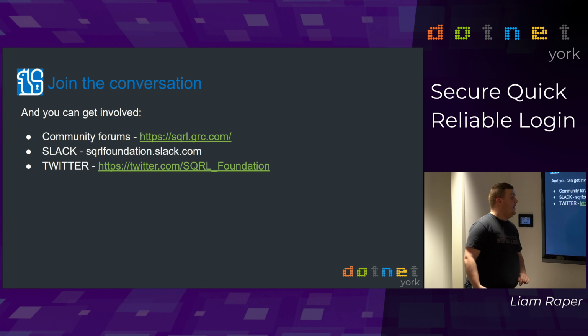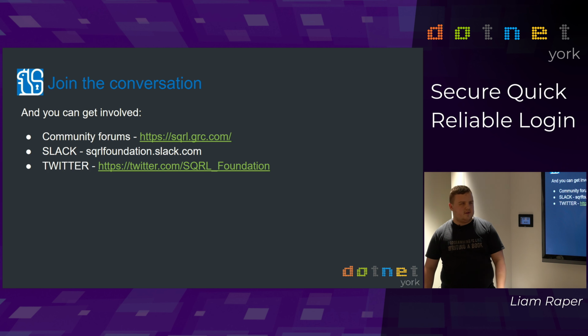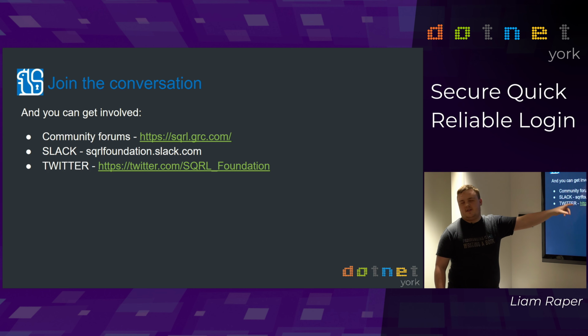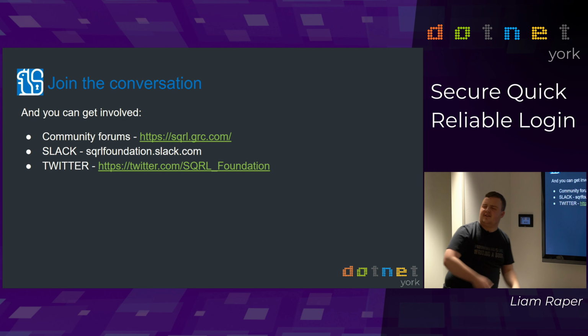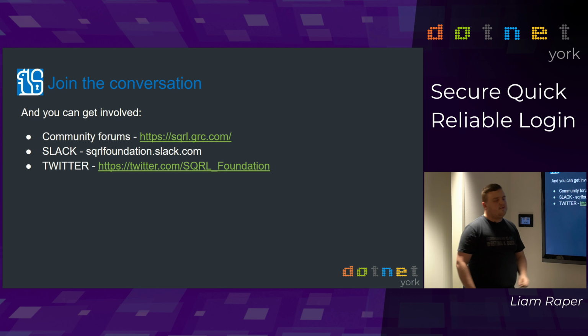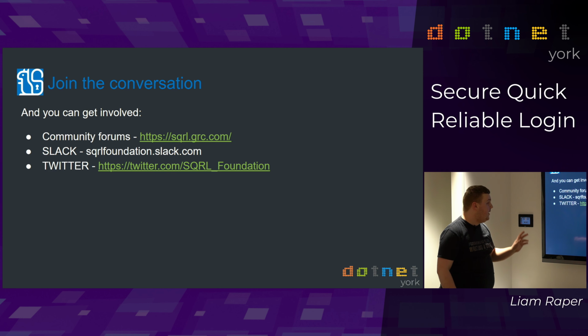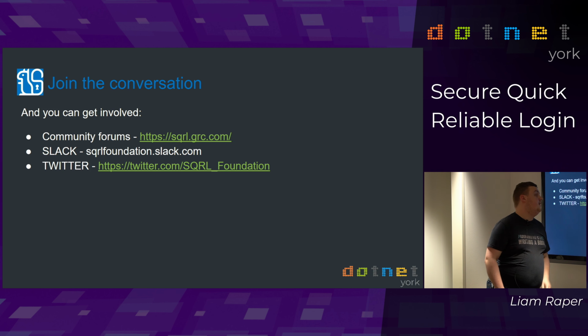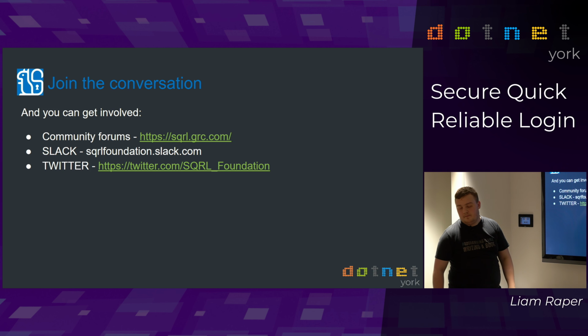If you want to join the Slack, SquirrelFoundation.slack.com is a good workspace. Message me if you want a join link for that, because at the moment it's private. Or you can go to here and there are some join links on there if you find my post about Squirrel Foundation. And then there's Twitter. We don't post anything there quite yet, but once we've got the foundation up and running, you'll be able to follow us at squirrel_foundation.